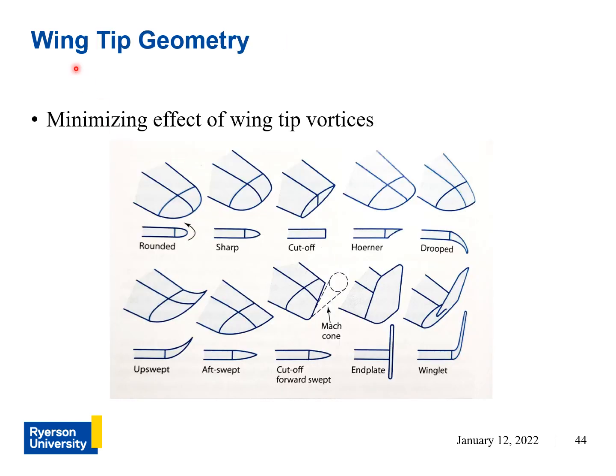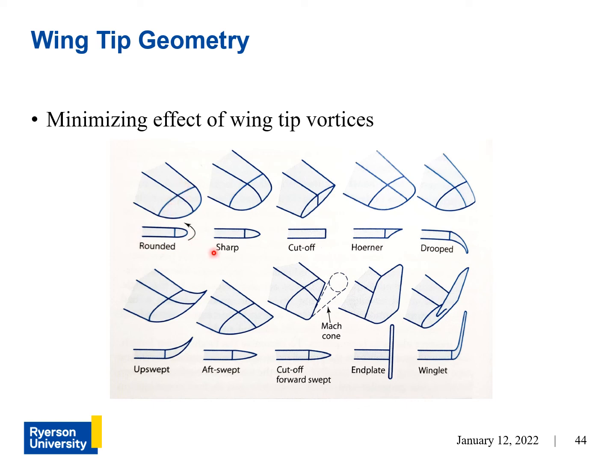So now we'll be talking about wingtip geometry, which is basically addressing the same issue as changing the aspect ratio, and it has to do with minimizing the effect of the wingtip vortices. If you have a wing with a rounded wingtip, it actually makes it easier for the airflow to flow upward, which increases the formation of the vortices that I explained earlier.